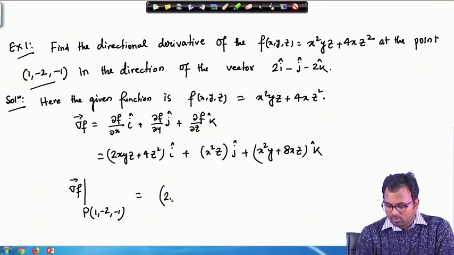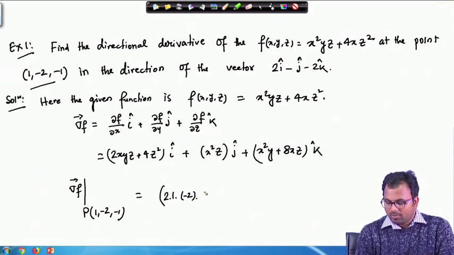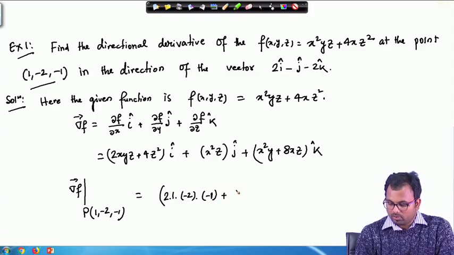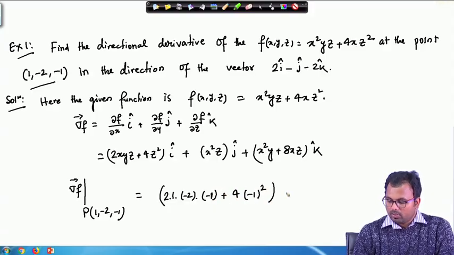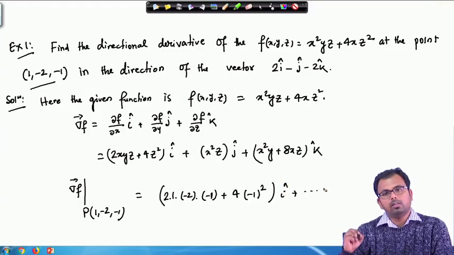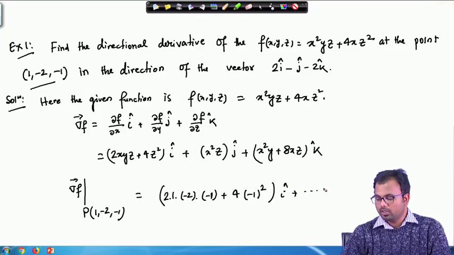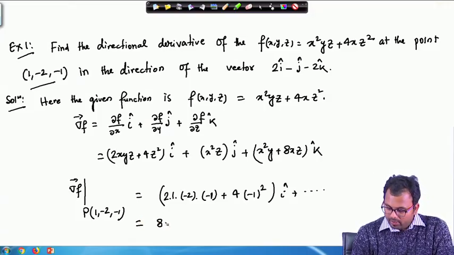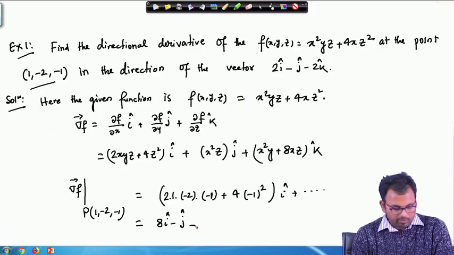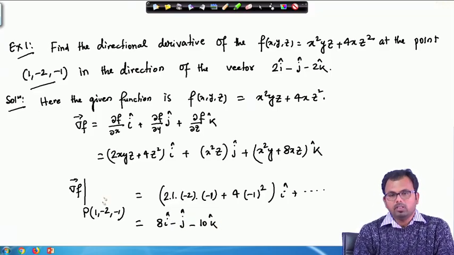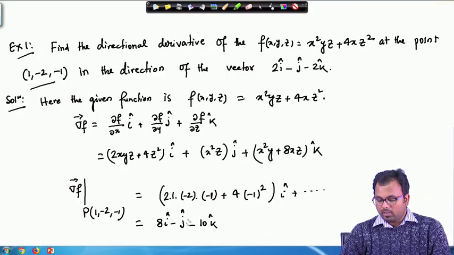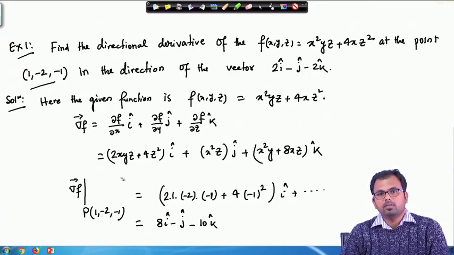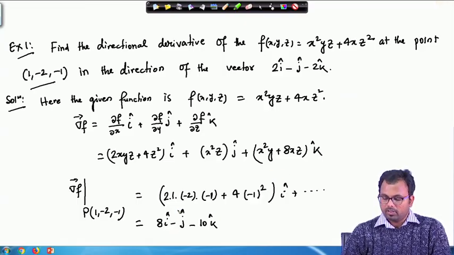We substitute the values: 2 times 1 times minus 2 for the i component, and similarly for the j and k components. This is a simple calculation, and ultimately you will obtain 8i minus j minus 10k. That's the gradient of the function f at the point p, calculated by substituting x equals 1, y equals minus 2 and z equals minus 1 in this expression.